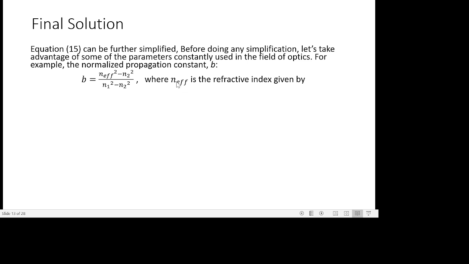The n of EFF is the effective refractive index given by this term.